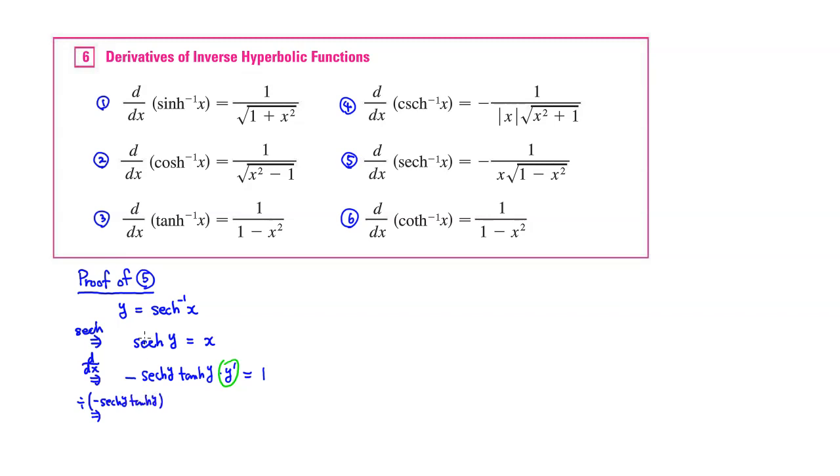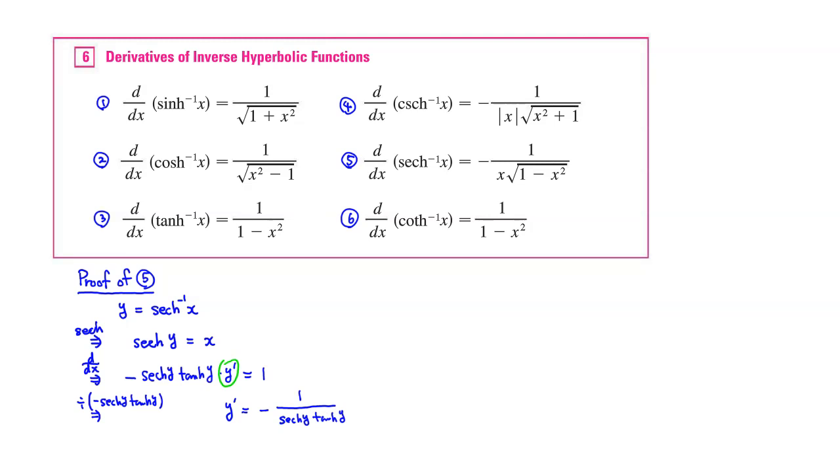We get y prime is equal to negative 1 over hyperbolic secant of y, hyperbolic tangent of y.